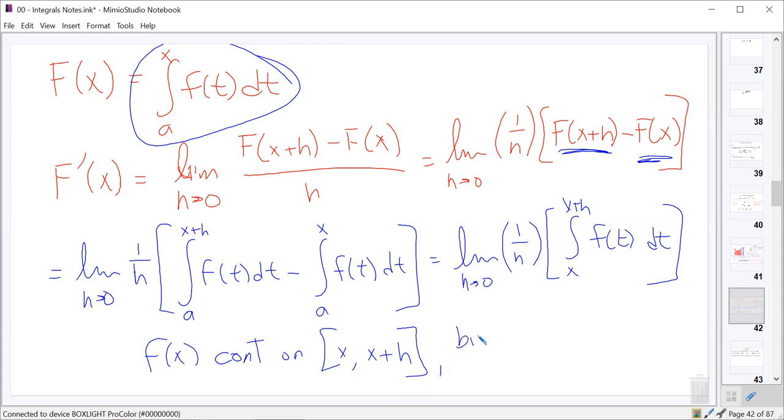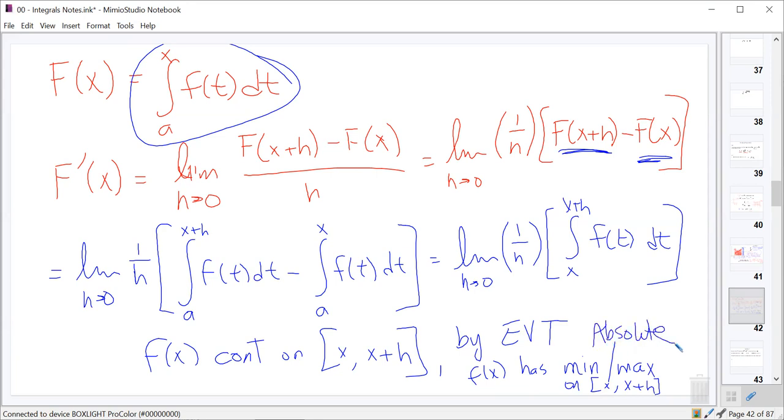So by the extreme value theorem, f of x has a min and a max on that closed interval x to x plus h. And that is 100% guaranteed, right? If you have a function continuous on a closed interval, it's guaranteed to have that. I should clarify those are absolute min and max on that interval.